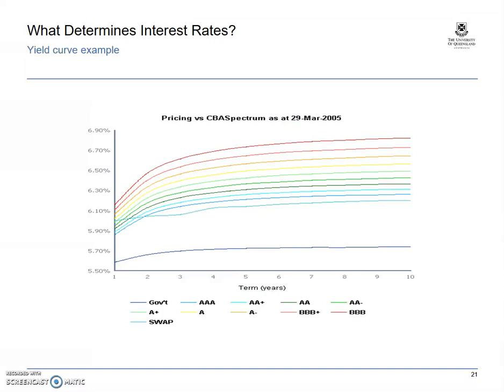We can represent this in a graph by looking at maturity on the x-axis and the yield on the y-axis, and we can see that the government bond yield increases slightly over time but is relatively flat. We'll come back to the other colours in the graph in later videos when we're looking at the difference in terms of credit quality of various assets.